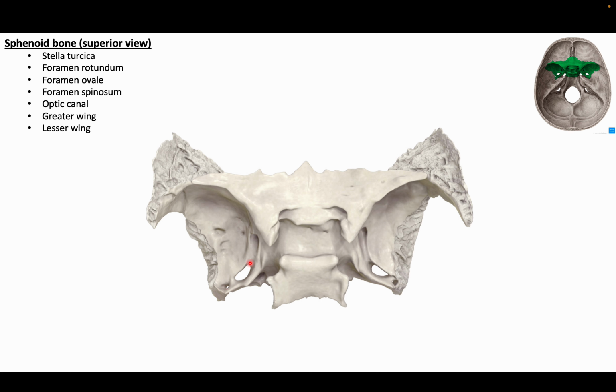Now, the foramen rotundum, this hole right here, is going to allow the maxillary nerve to travel through. The foramen ovale right here is going to allow the trigeminal nerve to travel through. And then the foramen spinosum right here is again going to allow more arteries and veins to travel through, the meningeal ones, which are going to supply nutrients to the meninges.